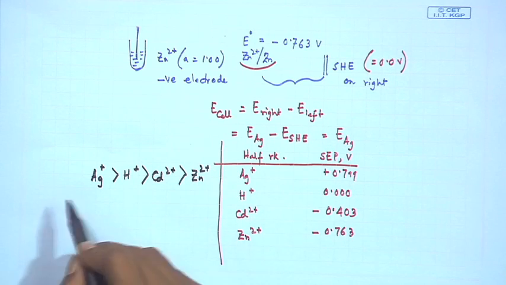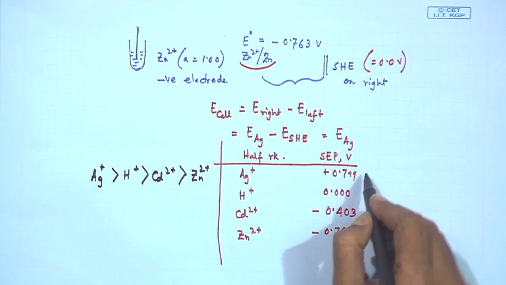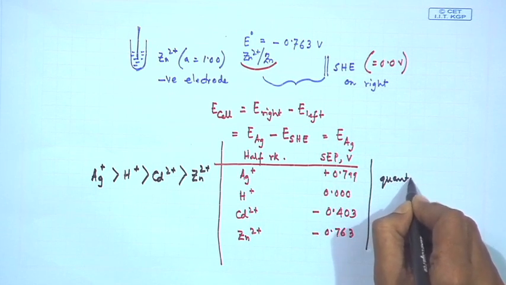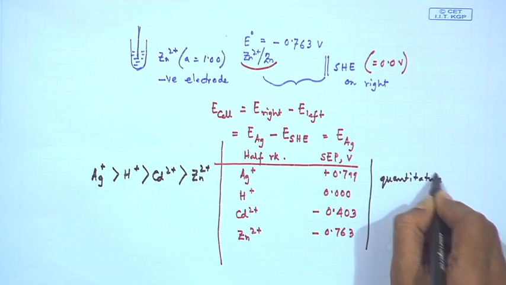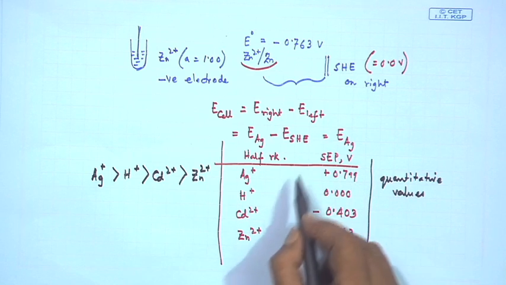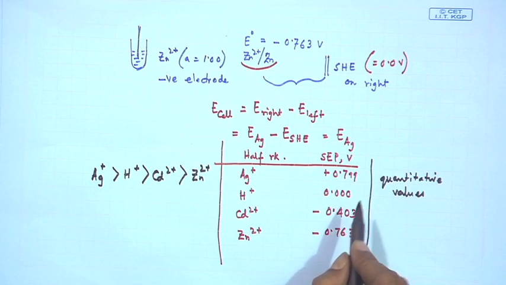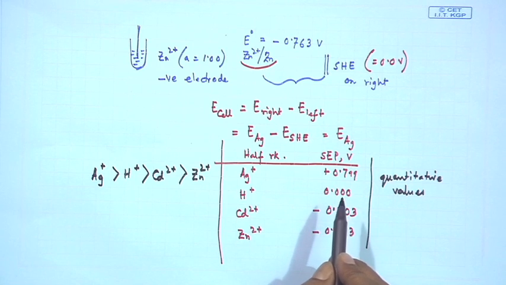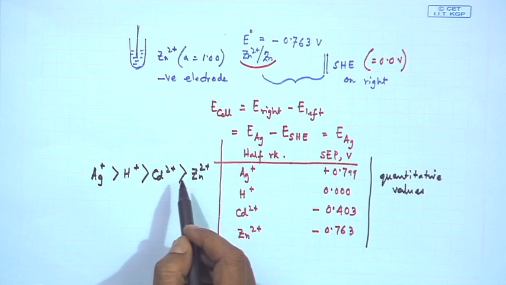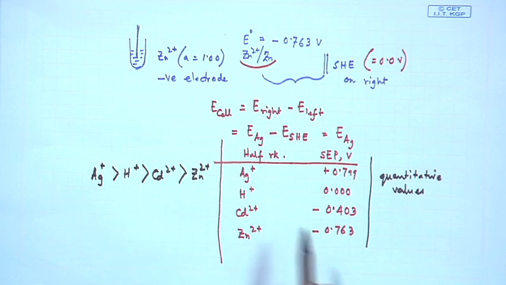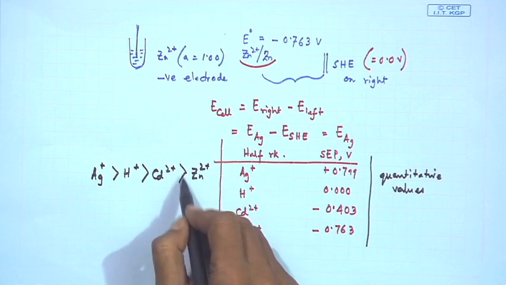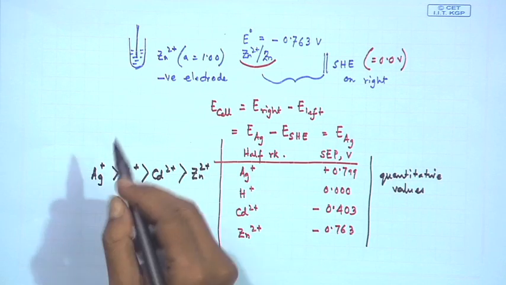So, these are the confirmation and the quantitative values we get, for standard electrode potentials, and these are universally true for applying these potentials to any chemical reaction. So, the relative strength of the different ionic species as electron acceptors, that means oxidizing agents, in decreasing order: zinc is the weakest and silver is the strongest.